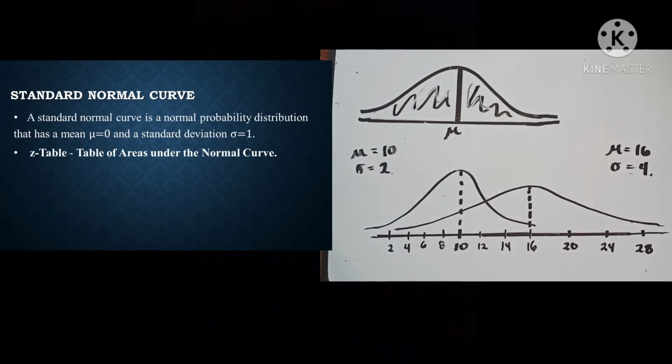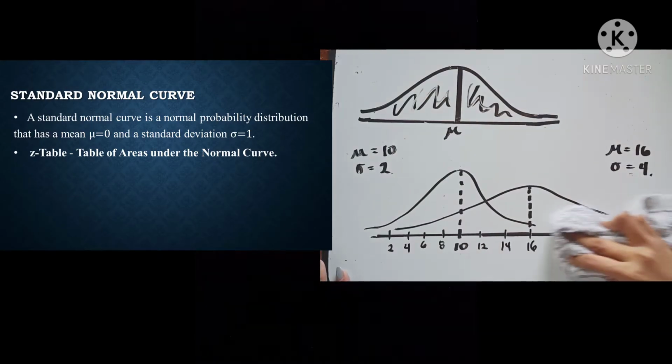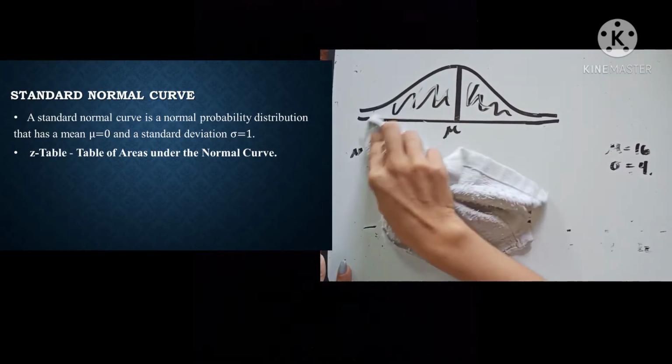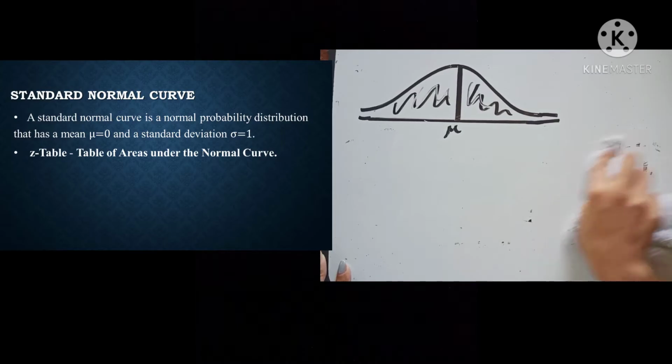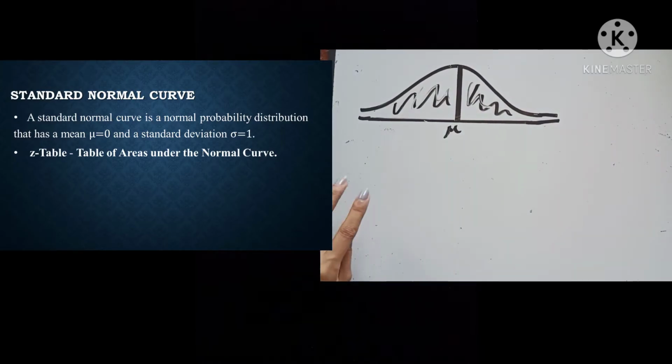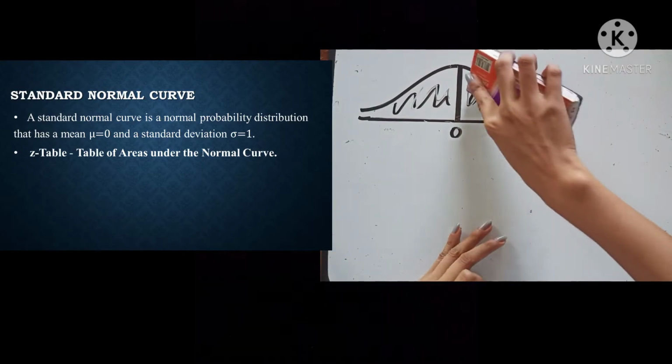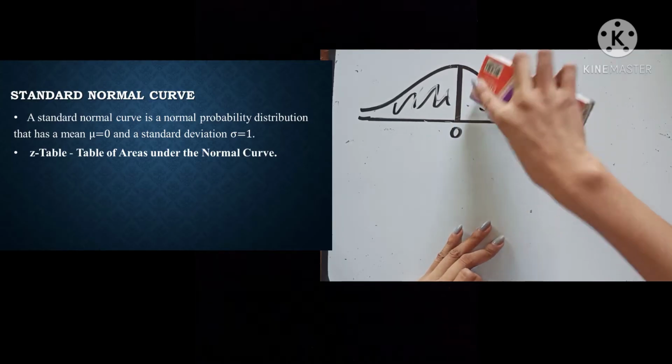And in a normal distribution, meron tayong tinatawag na standard normal distribution. So, ano ba yung standard normal distribution? So, matatawag natin siya as standard normal distribution kapag ang value ng mean natin ay 0.